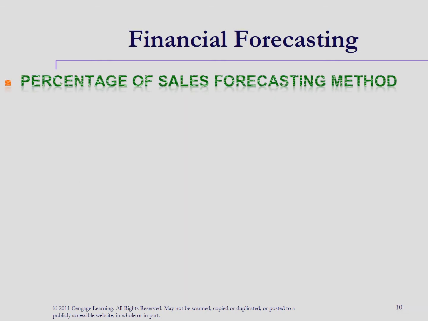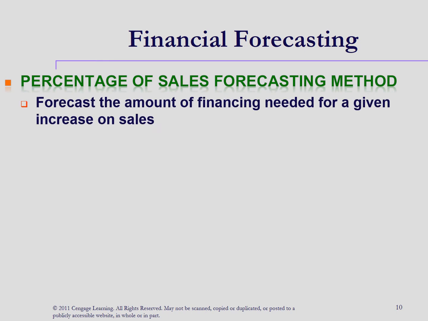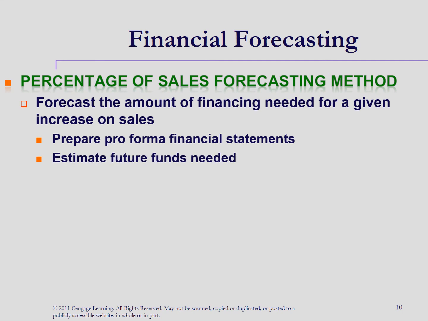To use the percentage of sales forecasting method, we forecast the amount of financing needed for a given increase in sales. The method is useful in preparing pro forma financial statements and in estimating future funds needed.